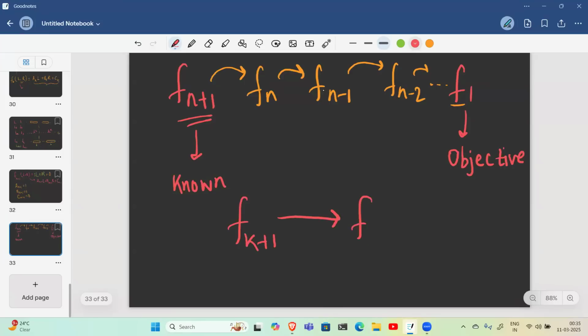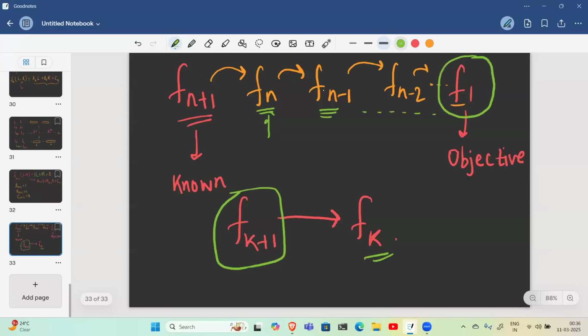That is the basic idea of dynamic programming, right? Here f n plus 1 is known, and we will first compute f n. Then f n will be known, we will try to find f n minus 1, and by this logic, we will finally get to our objective f1. So that is my basic idea.